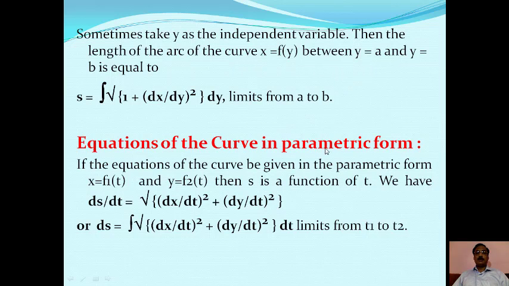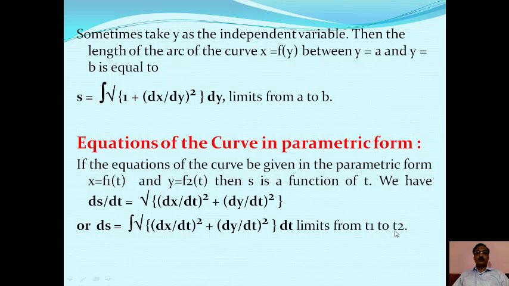Now we have the parametric equation of the length of the curve. If we have two functions x equals f1(t) and y equals f2(t), then ds over dt equals root of (dx over dt) squared plus (dy over dt) squared.